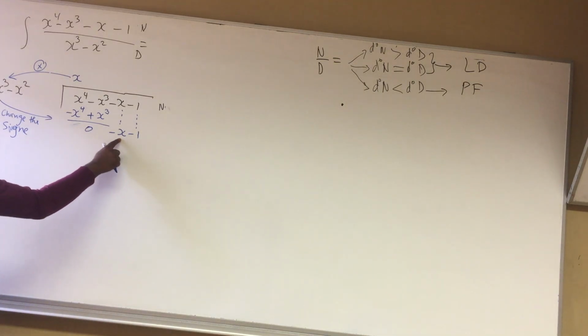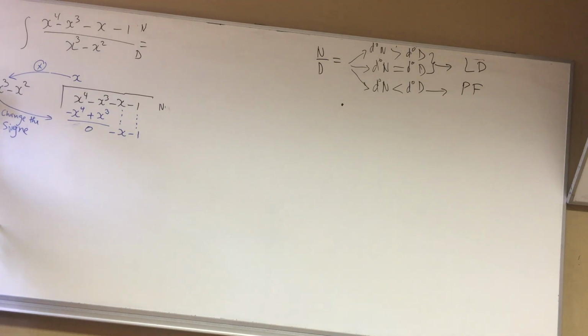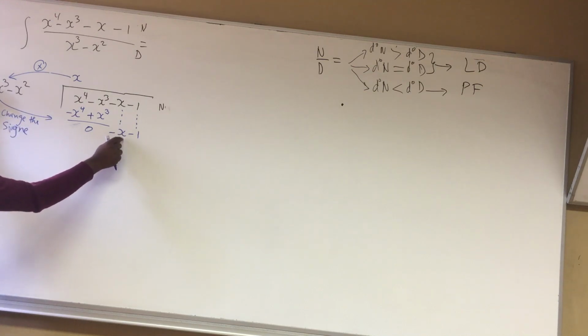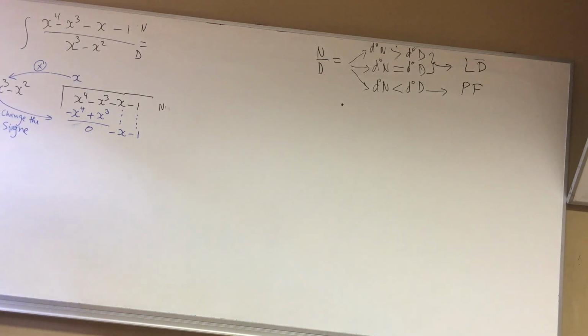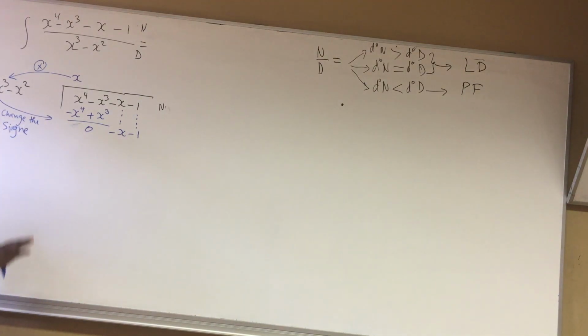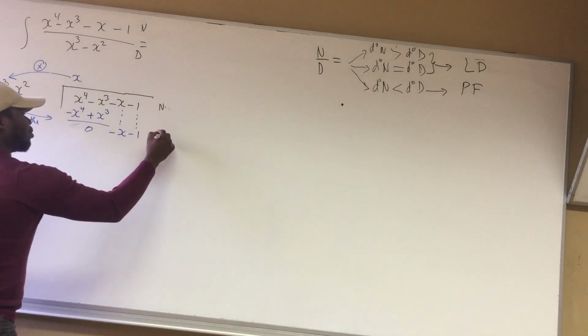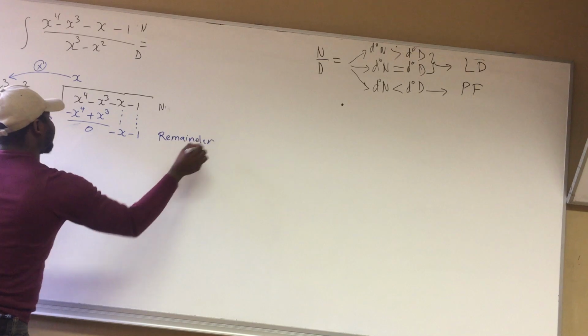You check the first term here, it's x, and the first term here, it's x cubed. You have to stop because the degree of x here is less than the degree of x cubed. You only continue when this degree is greater than this one. So I'm going to stop like that. This is my remainder. This is called your remainder.